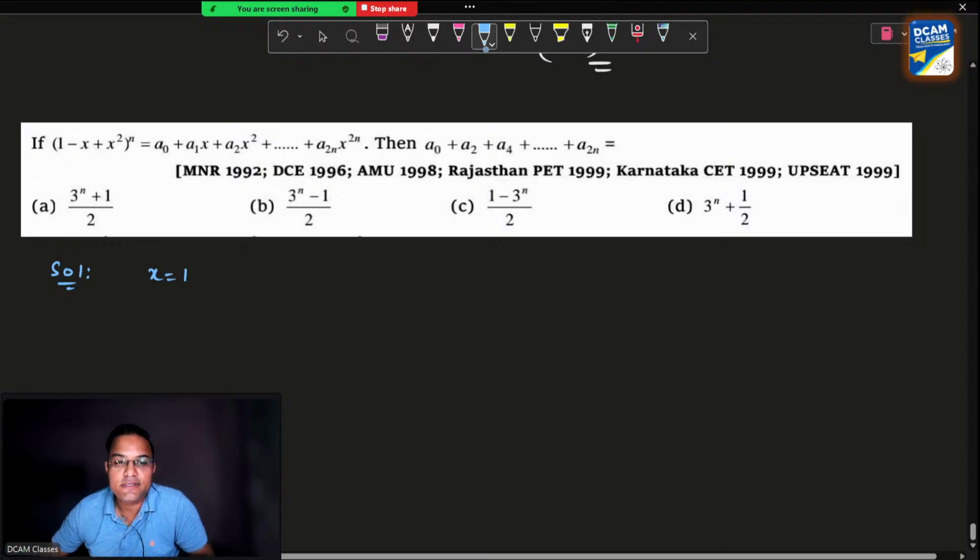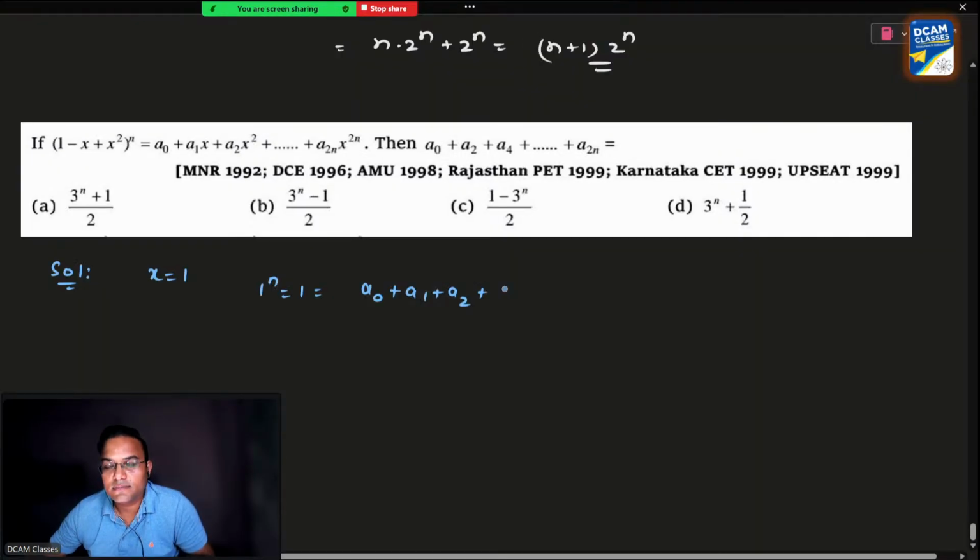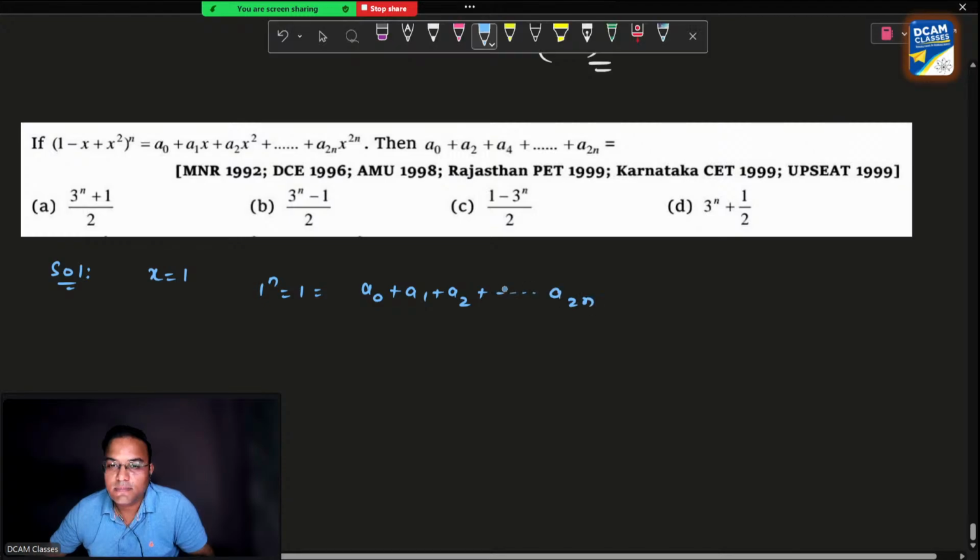When you put x is equal to 1, it will be 1 power n, that is 1 is equal to a0 plus a1 plus a2 plus and so on up to a2n.